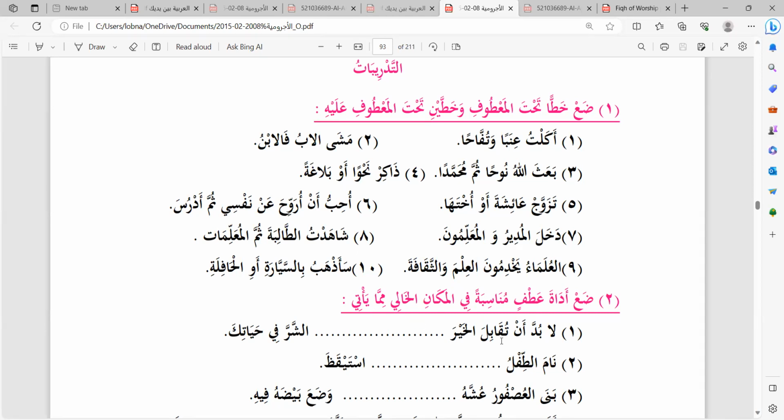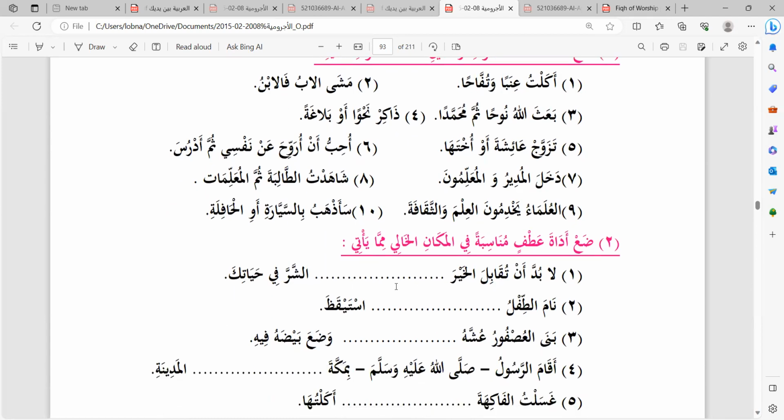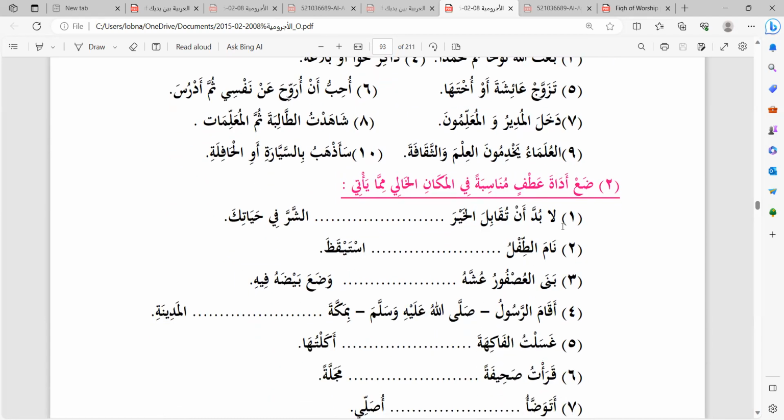لا بد أن تقابل الخير وشر في حياتك. ماذا نكتب هنا? What do we write here? لا بد أن تقابل الخير. أو. I would say, it shouldn't be optional.